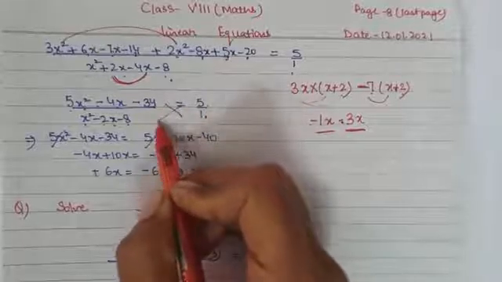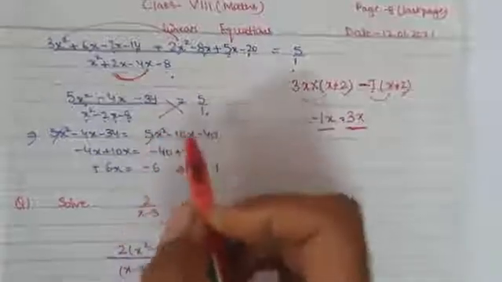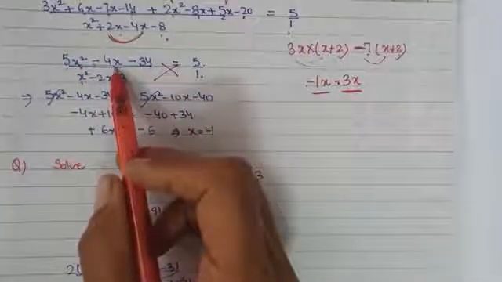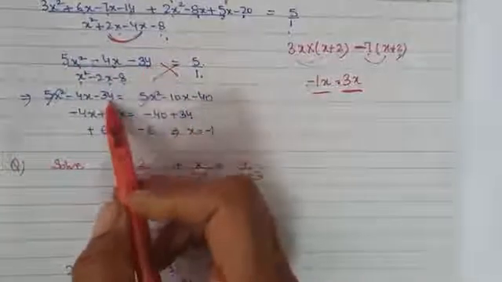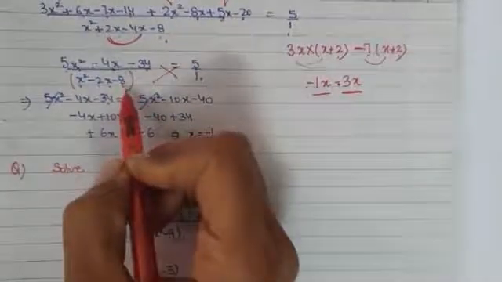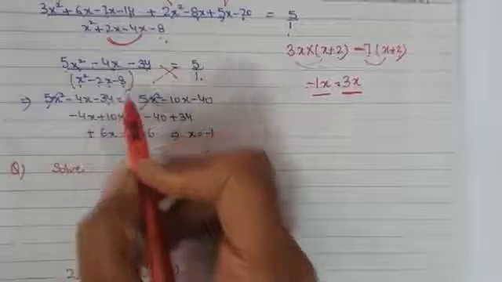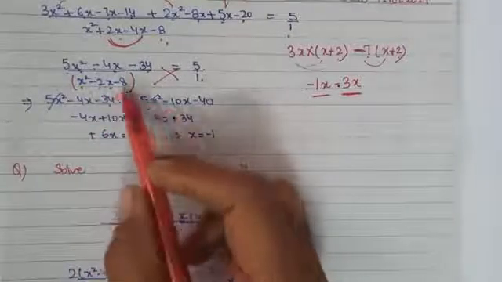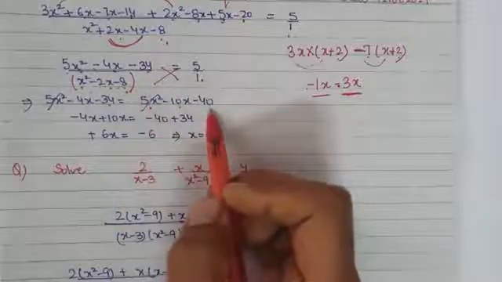Now do the cross multiplication. We get 1 into 5x square minus 4x minus 34, and 5 will multiply with all the terms of the bracket, that is 5x square minus 10x minus 40.